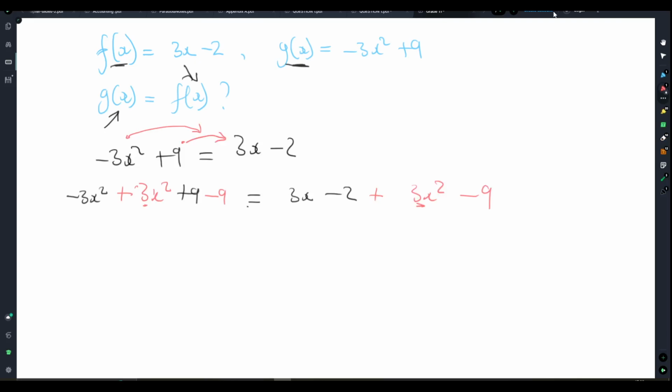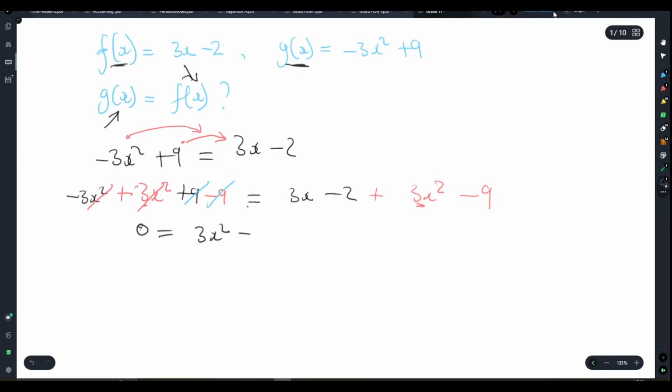We ultimately find that this is going to cancel out this, and this is going to cancel out this. So what are we left with here? 0. Let's use black. We are left with 0 equals 3x squared minus 2. I'm rearranging here.